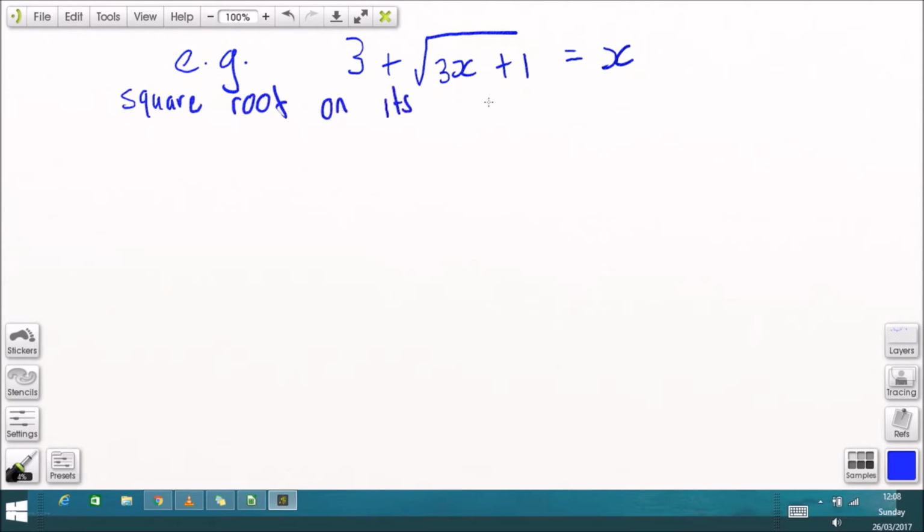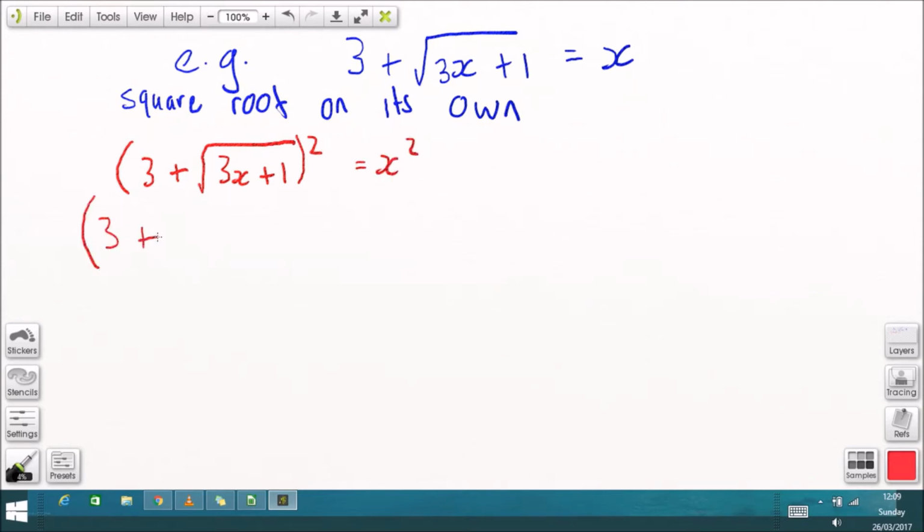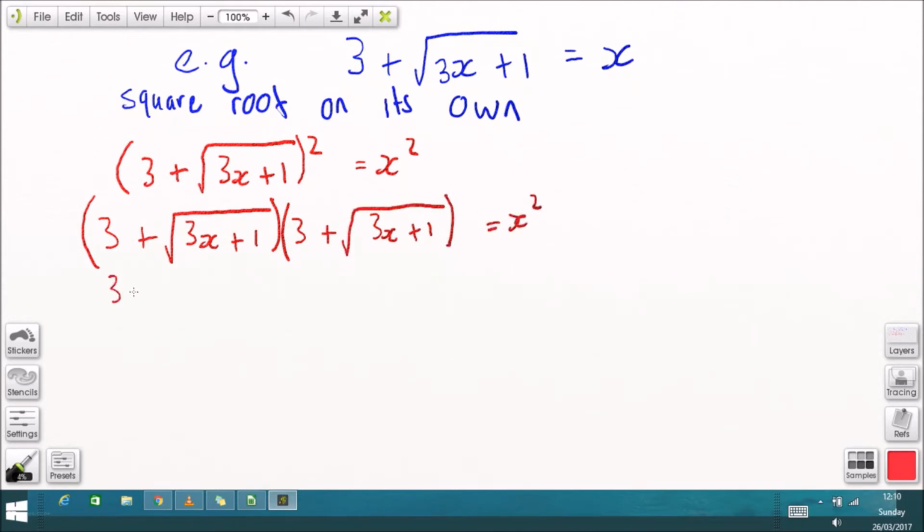I'm going to do another example here, it's slightly trickier, and we'll see why. I need to get the square root on its own first, and here's why. If I go ahead and just square both sides as we did in the last example, I'll get this, written in 2 brackets, just to be explicit about what we do, which is 9 squared plus 3 times root 3x plus 1.